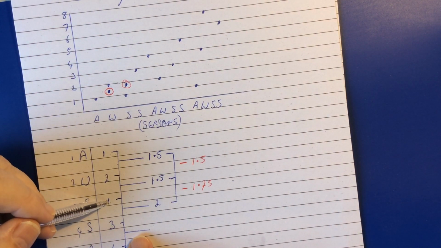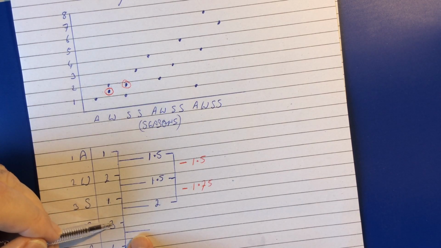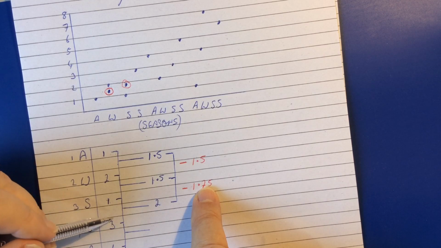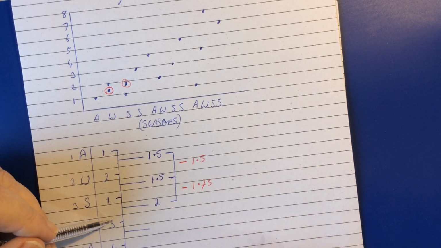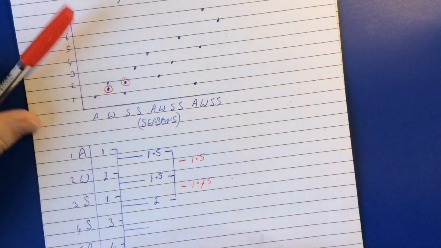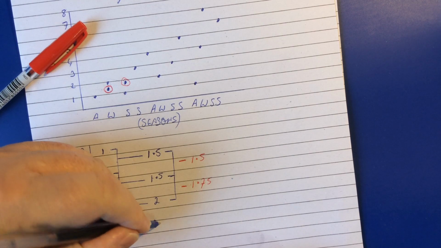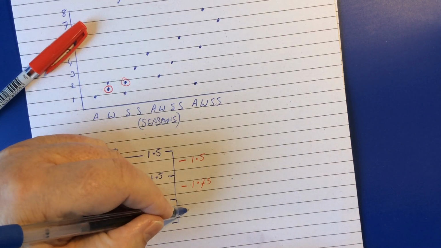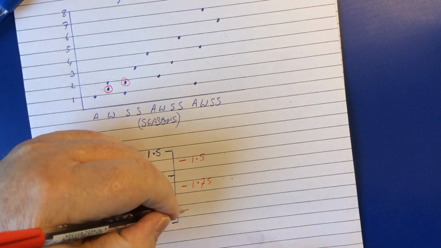So we have 1 and 3 equaling 2. We've done that one. Now we'll move along one, and 3 and 4 is 7, and half of 7 is 3.5, and we'll find the midpoint of this.